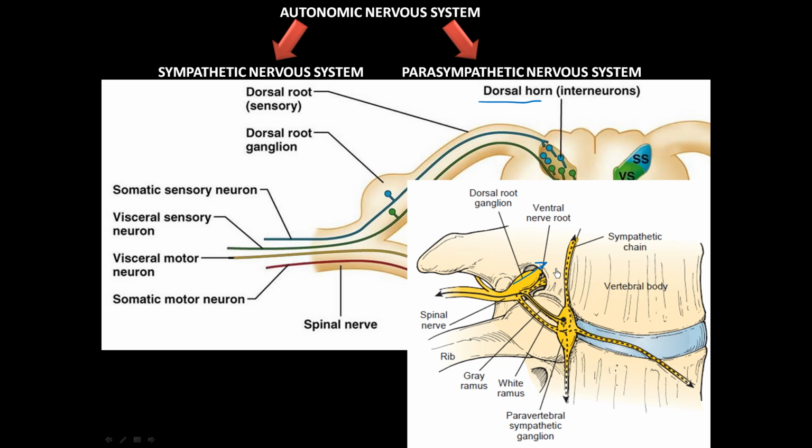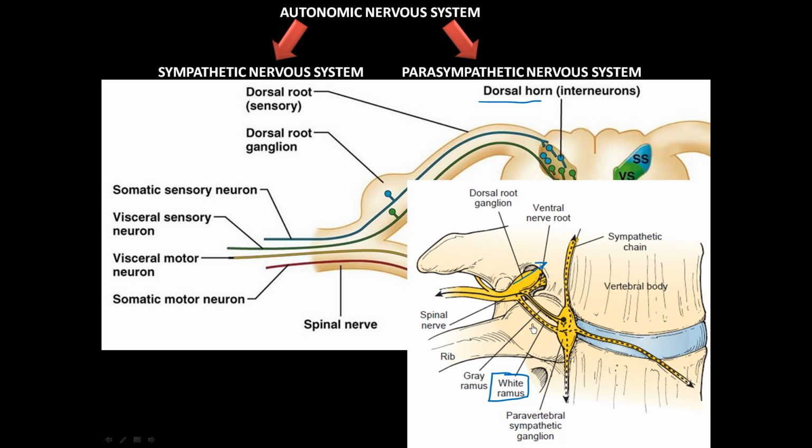Okay, so the ventral nerve root comes out, and this dotted line represents a preganglionic sympathetic neuron. So it comes out, and like I said, it has to communicate first with this prevertebral sympathetic ganglion, or the sympathetic trunk.